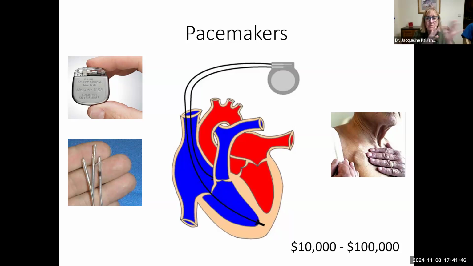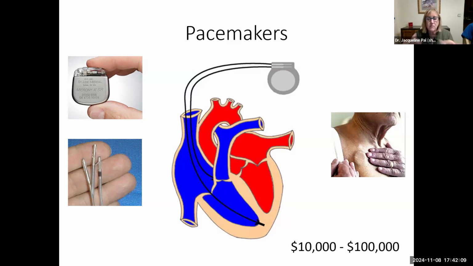Pacemakers cost anywhere between $10,000 and $100,000 because pacemakers can do a variety of things. A garden variety pacemaker, which just provides a steady heartbeat to keep you walking around the house, doing your laundry, your normal activities of daily living, is going to be your $10,000 pacemaker.